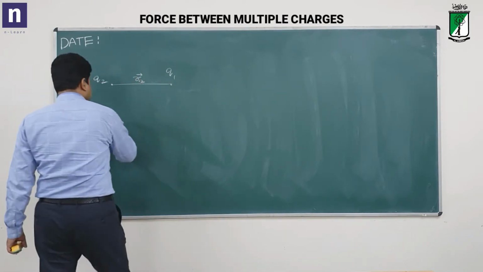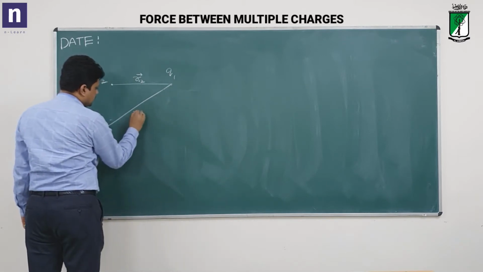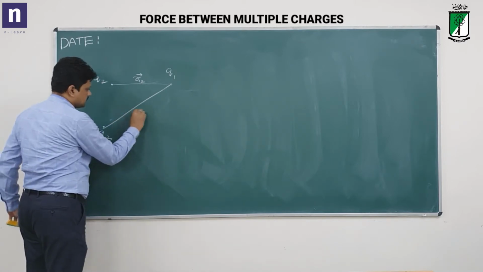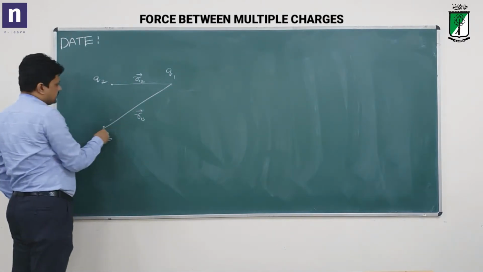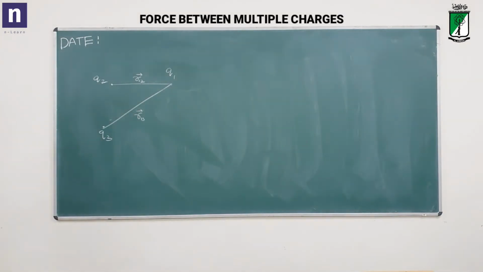Similarly, Q3 to Q1, I will take R13 as the distance. And of course, this distance also you can find out if you want, that is 2 to 3 or 3 to 2, R23 or R32.